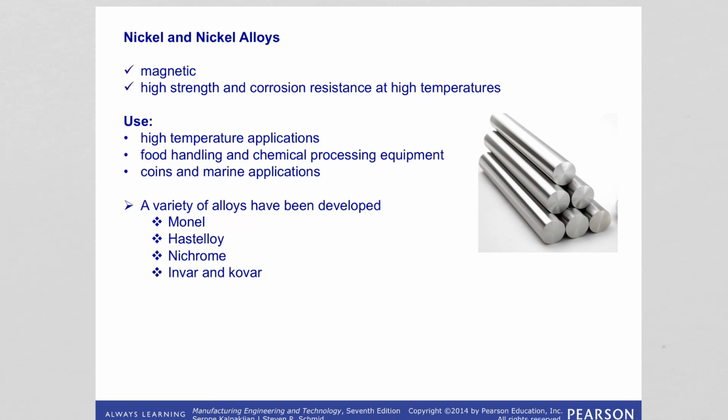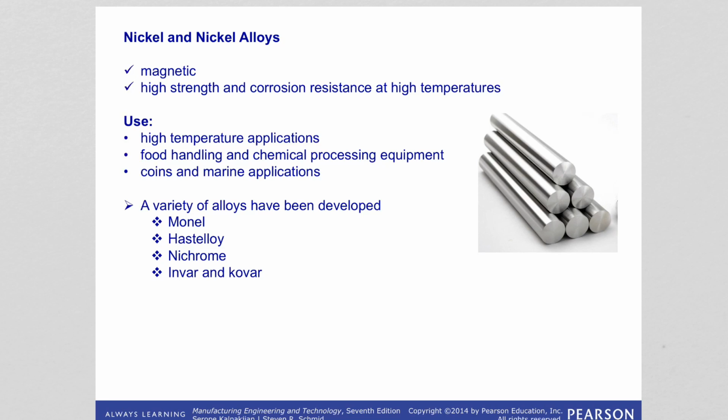like jet engine components, nuclear power plants, rockets, also in food handling, in chemical processing equipment, even coins, and marine applications because of its corrosion resistance, etc. So a variety of different alloys are developed depending on what the composition is, what type of properties are desired from that material.